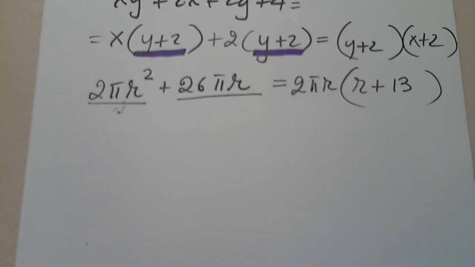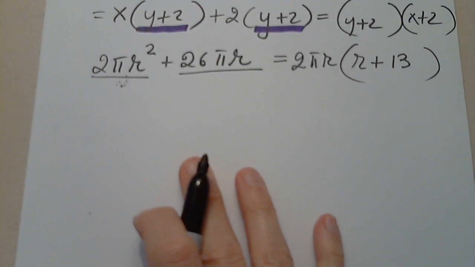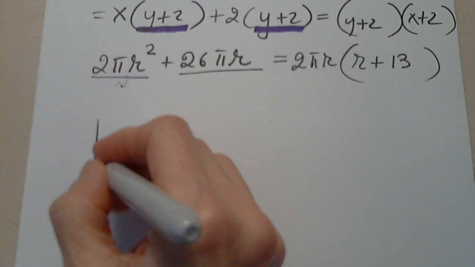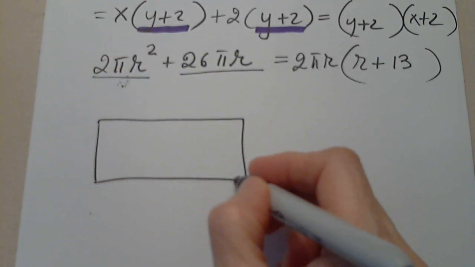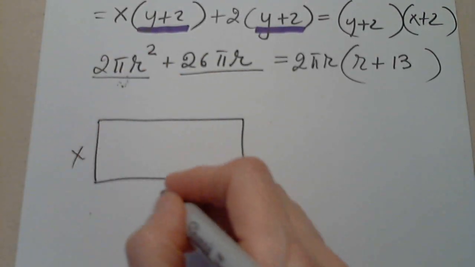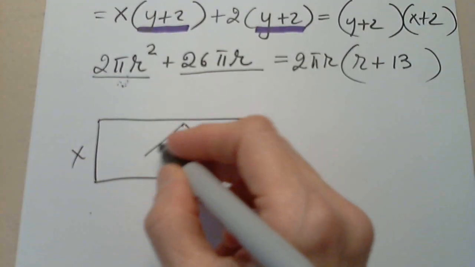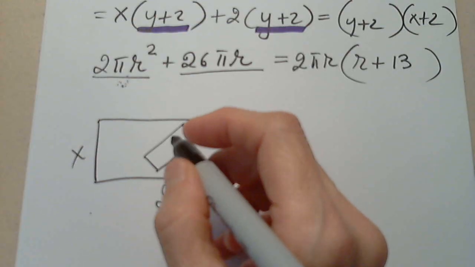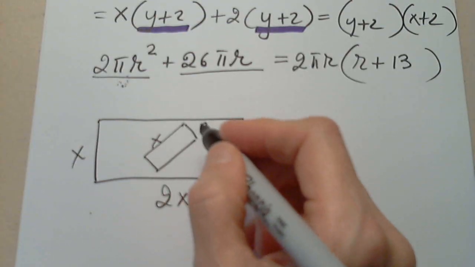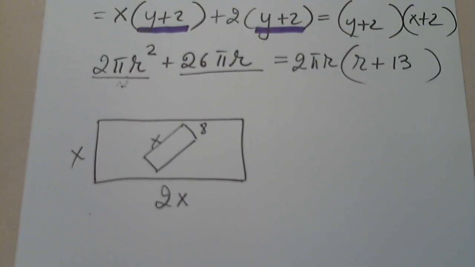Perfect. So in 27, we have a rectangular figure that is x by 2x. And we have another rectangular figure that is x by 8. And they want us to find a polynomial expression that represents the area of the shaded region.